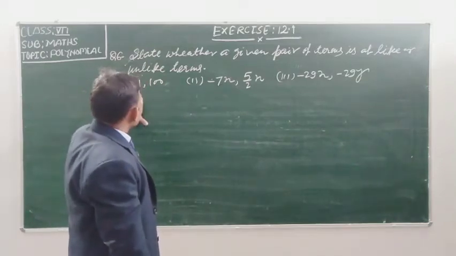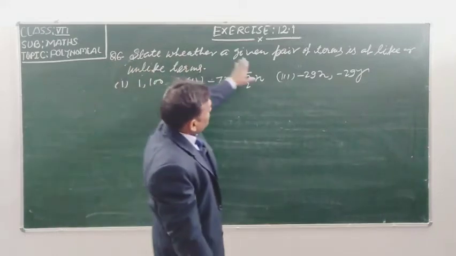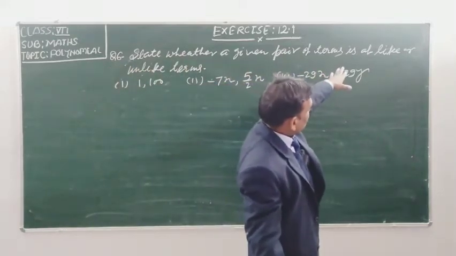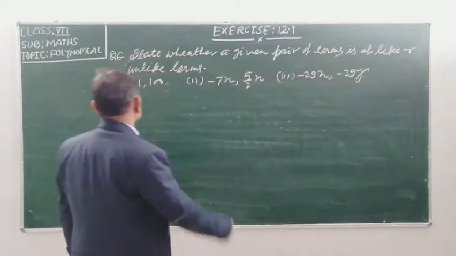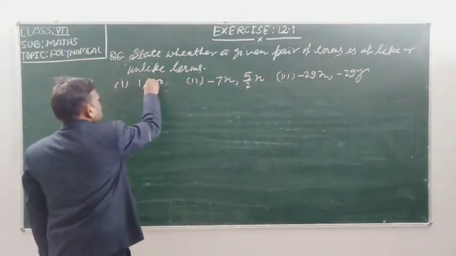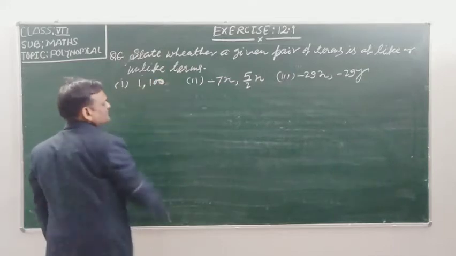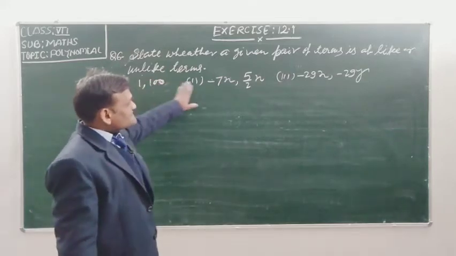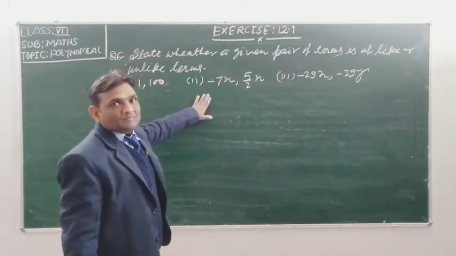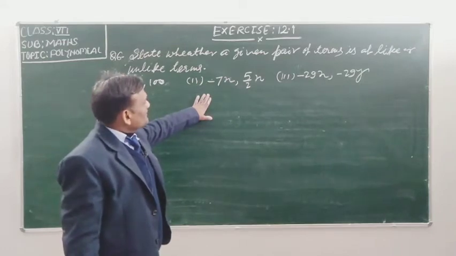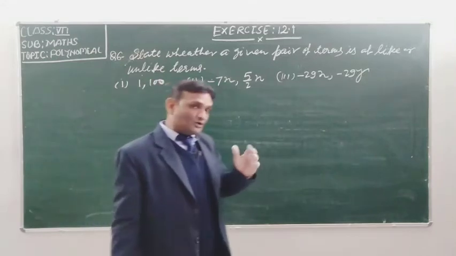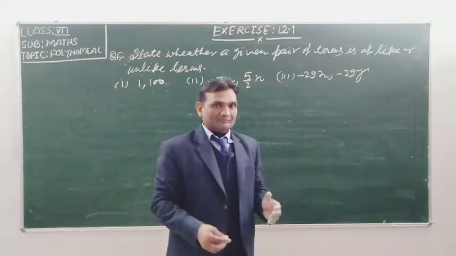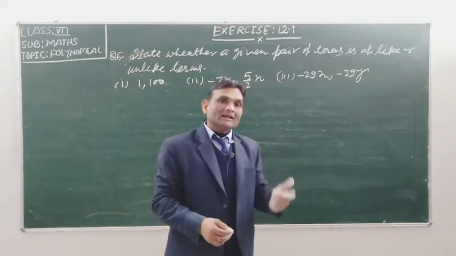So the question is saying, student, state whether a given pair of terms is of like or unlike. You have to tell whether these are terms of the expression. So these pairs of terms are like or unlike. I have told you about like and unlike terms.